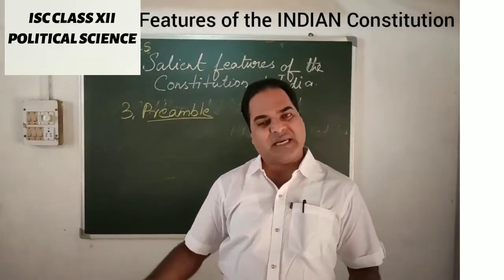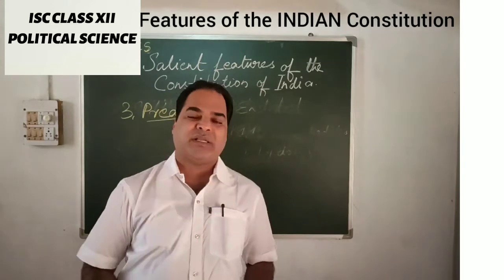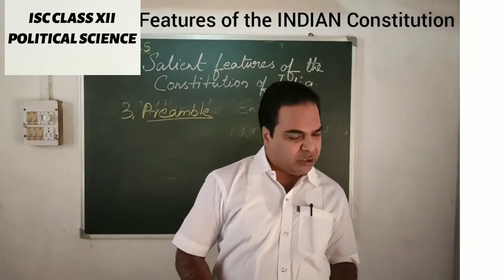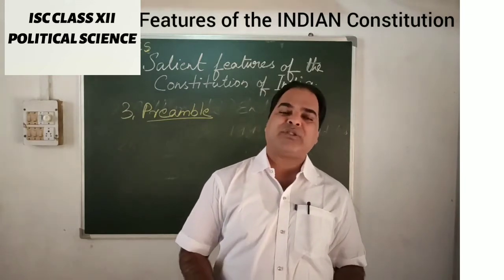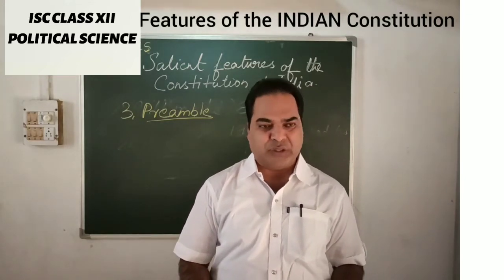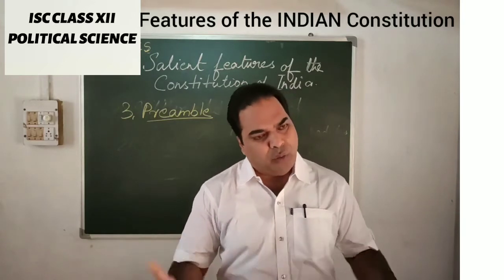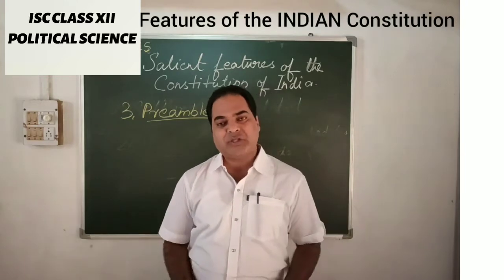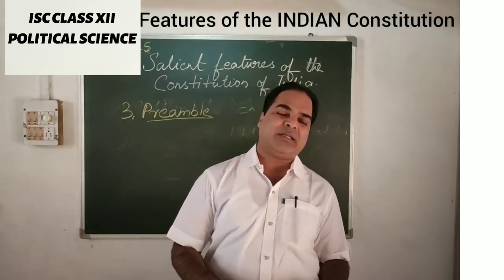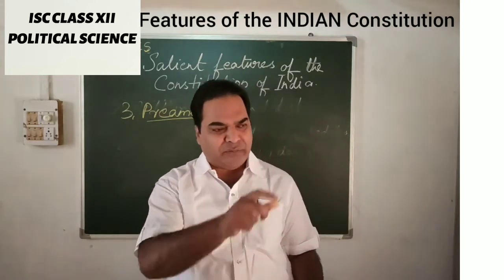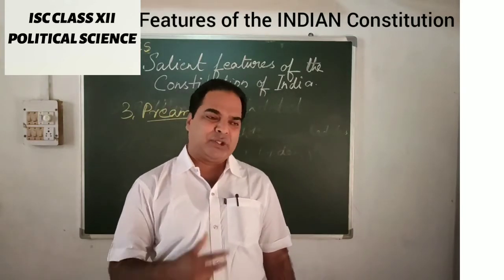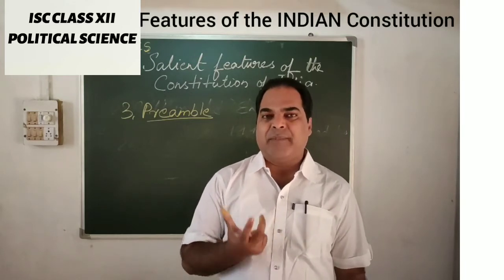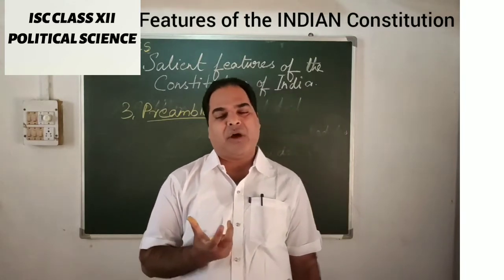It highlights the most important features of our constitution, like who constituted our constitution and what resolutions were taken by the Constituent Assembly. So the preamble is the mirror of our constitution.